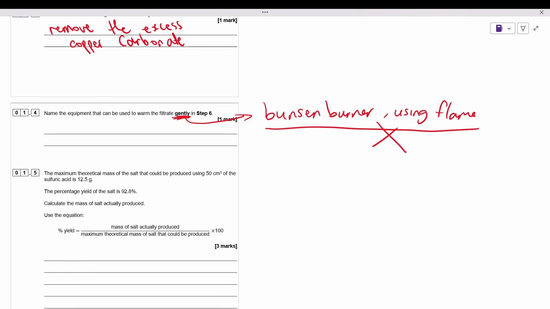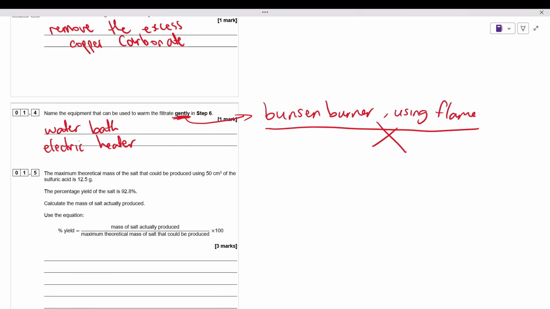Right, now what indicates gentle heating is if you say something such as using a water bath, right? So using a water bath, or if you say something like using an electric heater, those indicate gentle heating.